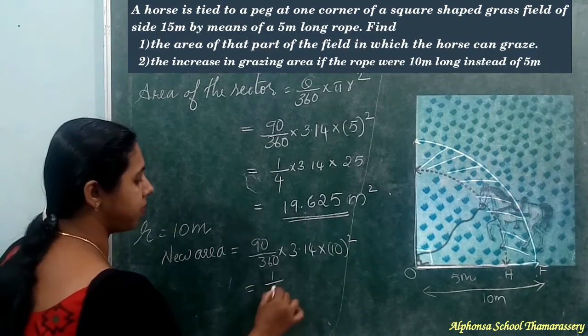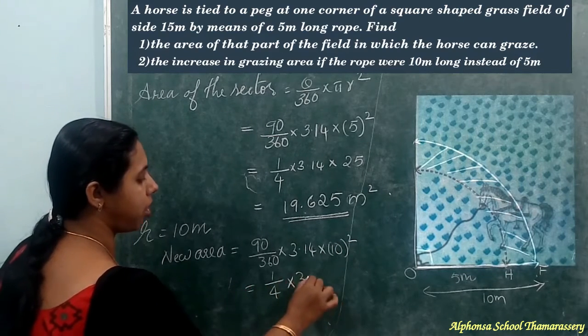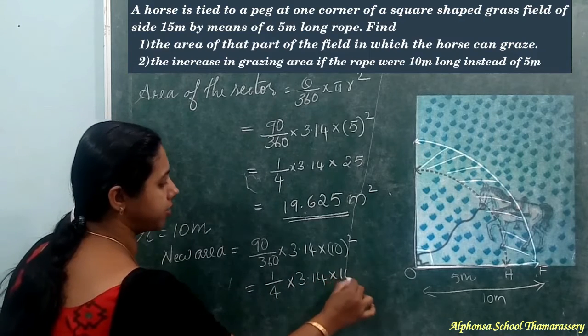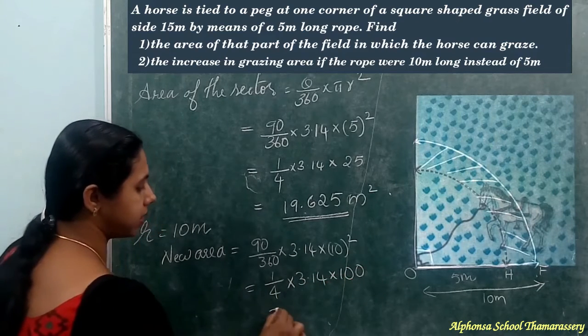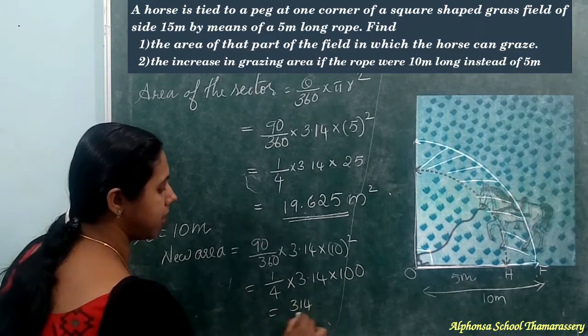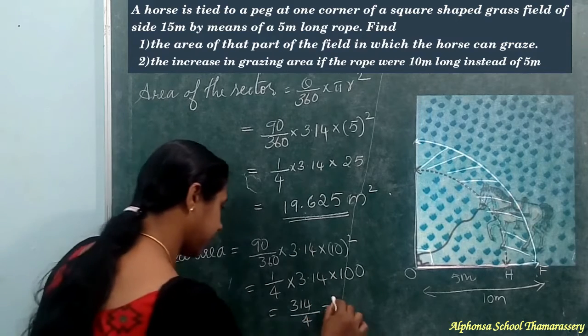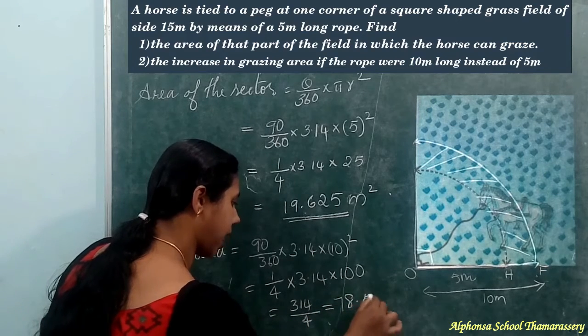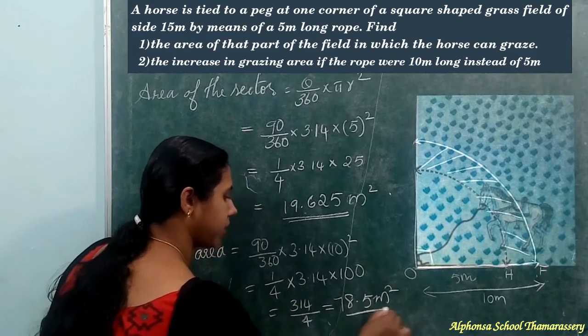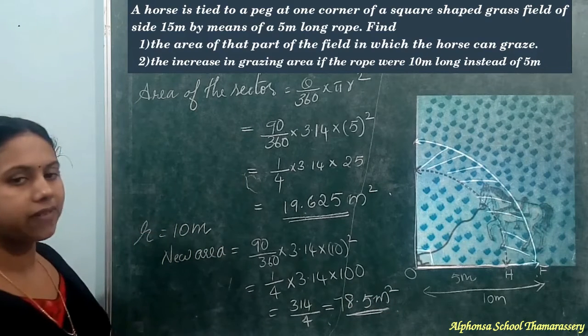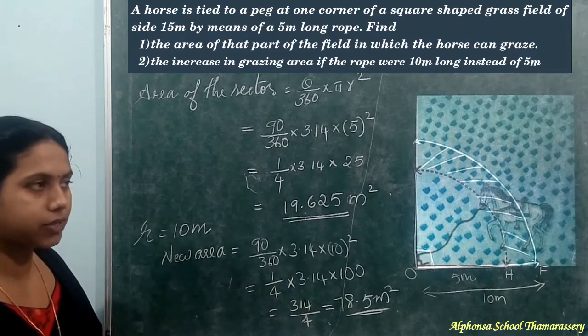That is equal to 1 by 4 into 3.14 into 100, that is equal to 314 by 4, that is equal to 78.5 meter square. So the new area is equal to 78.5 meter square.